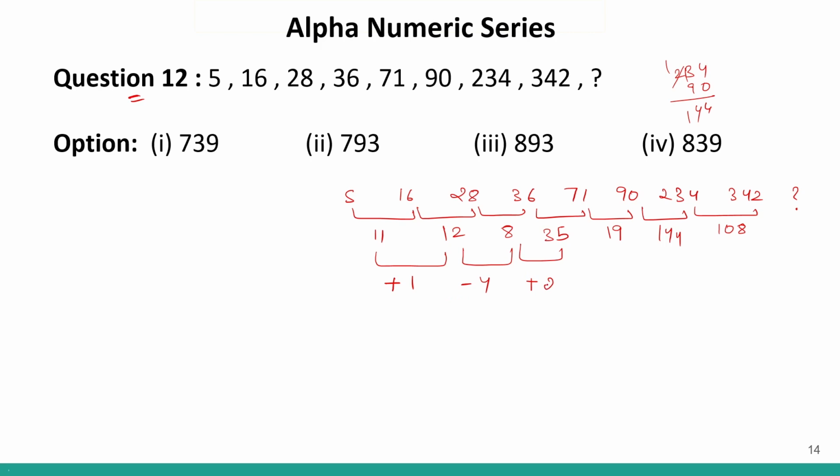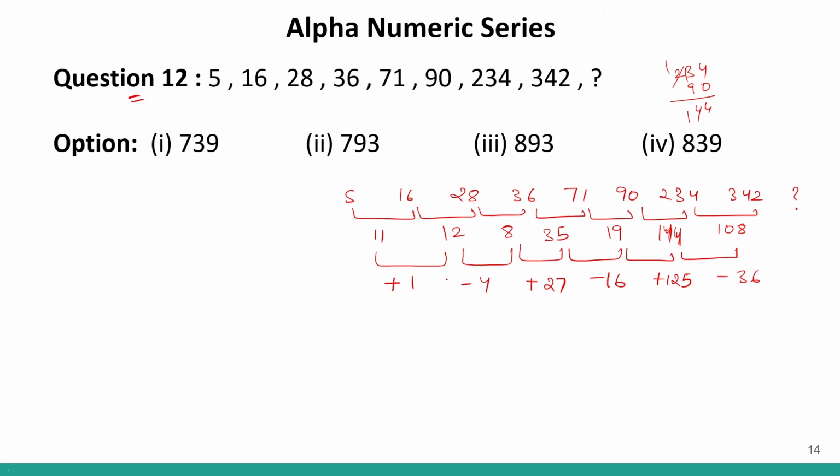This is plus 27, and this is minus 16. Similarly, from 19 to 144 will be plus 125. And from 144 to 108, it will be minus 36.